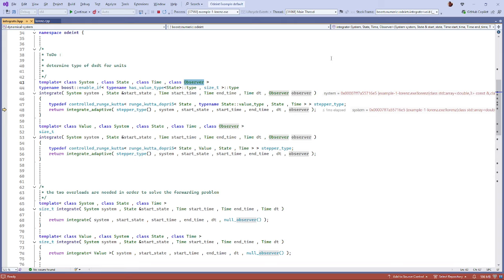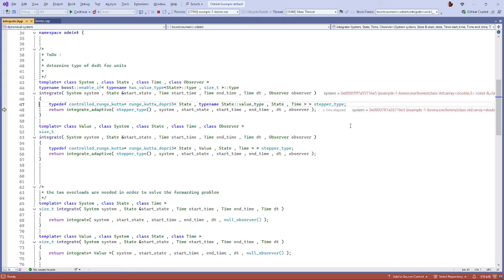So the type of the observer, the type of the time variable, the type of the state of the system, and the type that represents the system itself, namely the thing that computes the derivative, are all template arguments to this function. And this little enable if here is just selecting a particular overload for the proper use case.